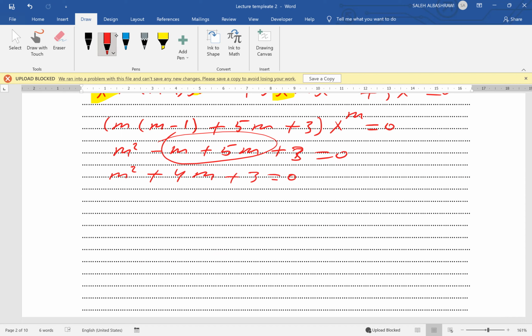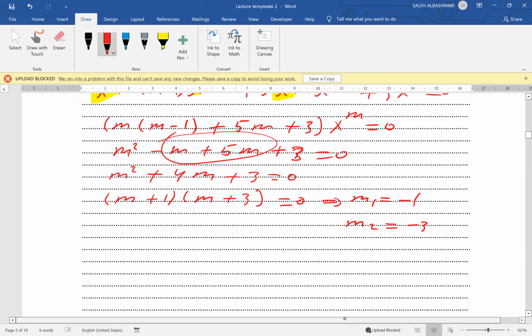Now this one can be done by factoring, which will be (m plus 1) and (m plus 3) equal to 0. That will give me two solutions, m1 equal to minus 1 and m2 equal to minus 3.